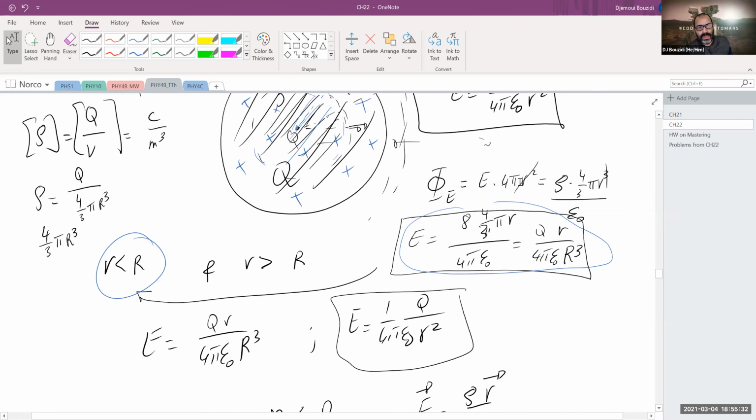E times the area of the sphere is equal to rho times the volume of the sphere, because rho comes out of the integral, and all I'm left with is the volume of the sphere.